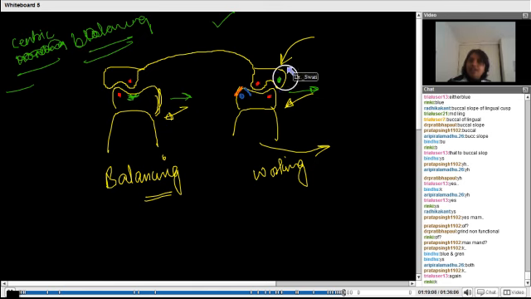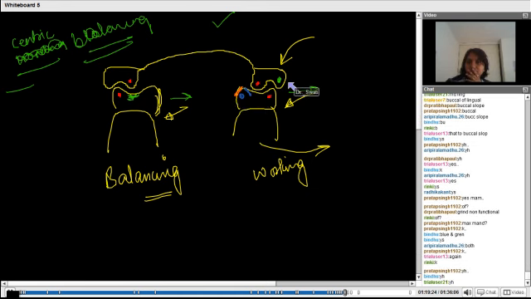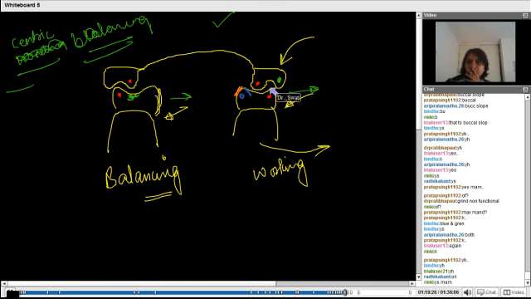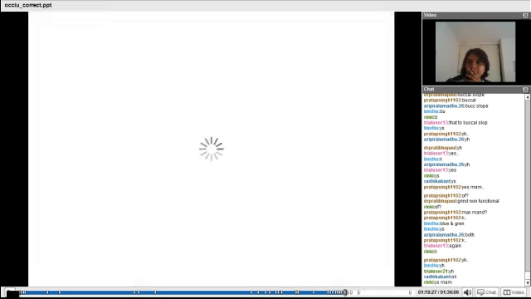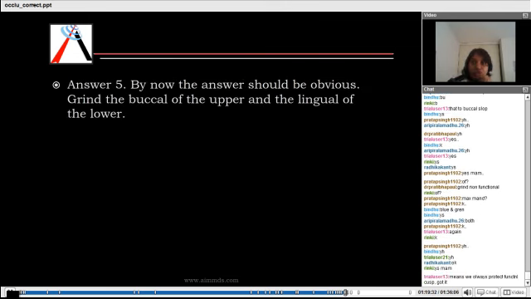Either way, I'll have to grind this blue and this green to remove these high points. Even if I consider the maxillary buccal and lingual being high, the result is the same. Clear? Good. So all good till now.